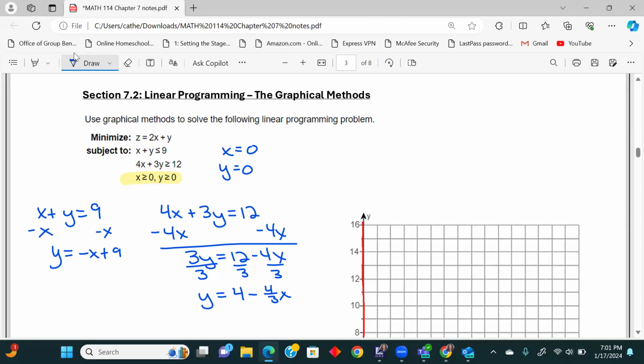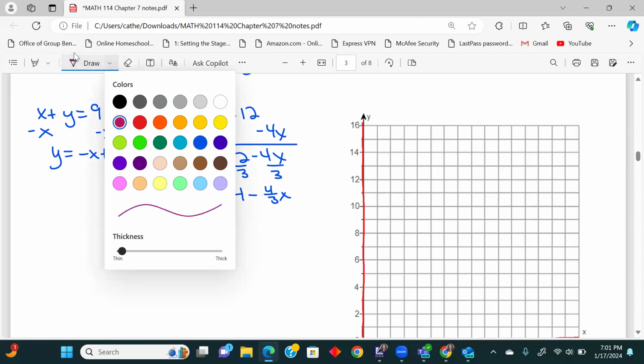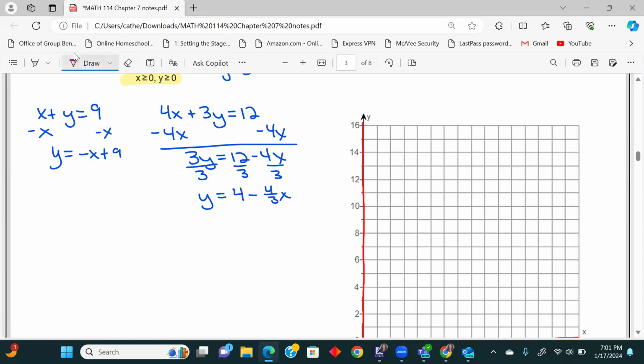So let's look at these two. Let's find the x-intercept and the y-intercept. So the first thing we're going to do is let x equals 0.